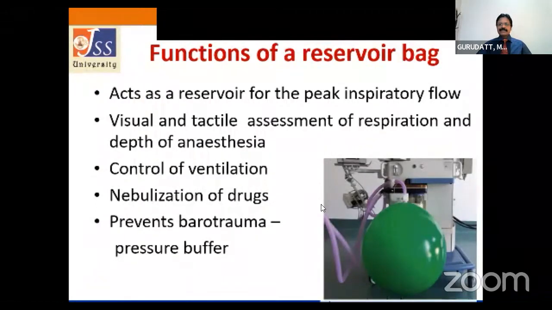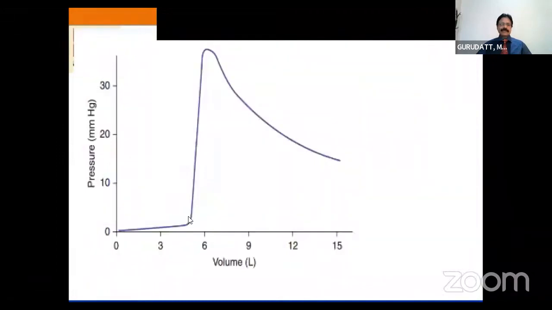When the bag distends, the pressure inside, you just look at this graph. Horizontally is the volume inside the bag and vertically is the pressure. Initially the pressure starts developing very rapidly and may reach just about 30 centimeters of water. Afterwards, the pressure starts stabilizing and then later starts dropping, though the volume inside the bag is increasing and distending the bag.